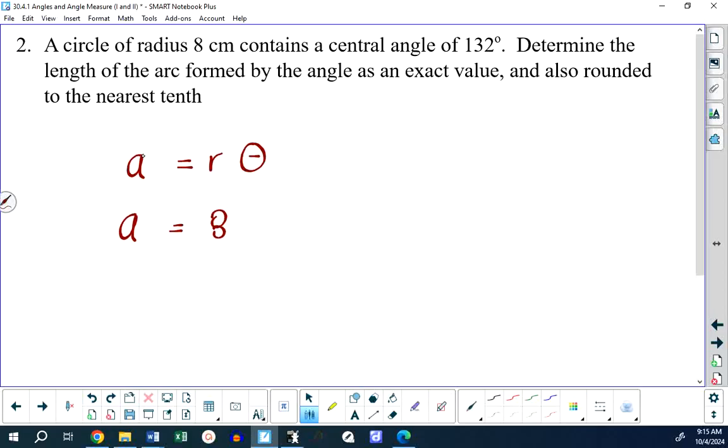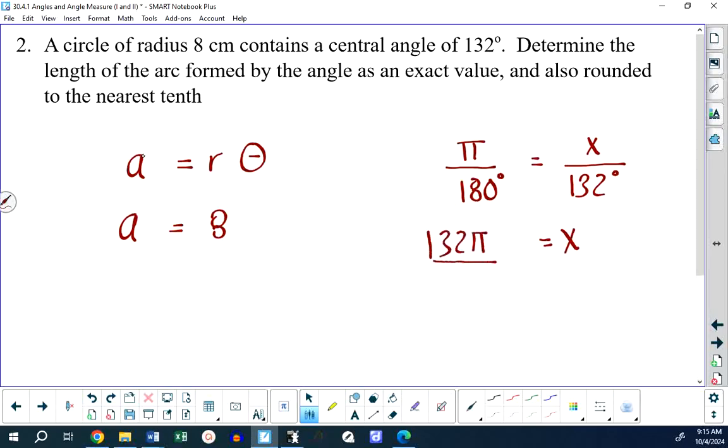We have to convert that 132 to radians. So we know that pi radians is 180 degrees. That means we can set that as being x radians over 132 degrees, which means x is 132 pi over 180.